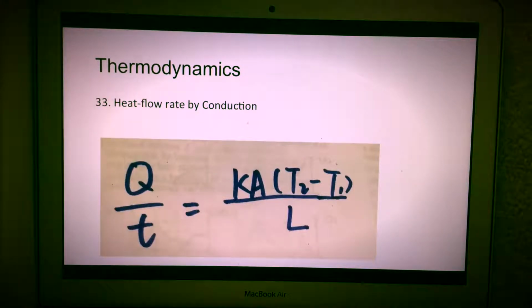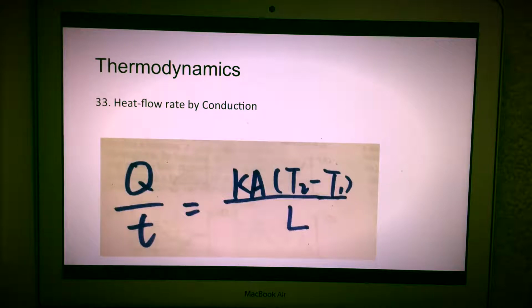Okay, let's step into thermodynamics. 32. Heat flow rate by conduction. When you touch something, conduction happens. When the temperature is different, the heat will flow from high to low. Q divided by t equals k A (T2 minus T1) over L. Q is the heat, and the unit is joules.